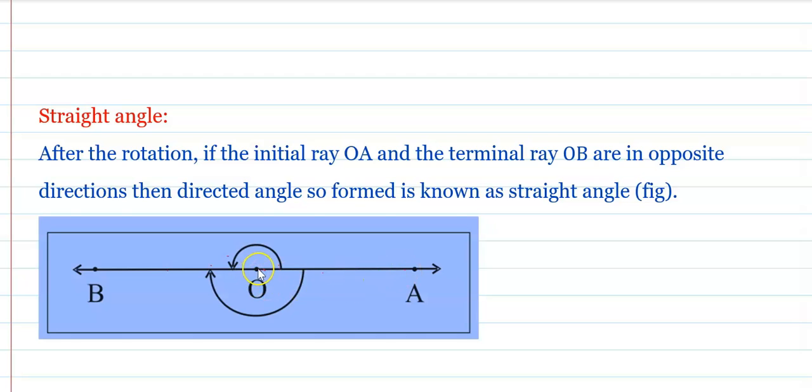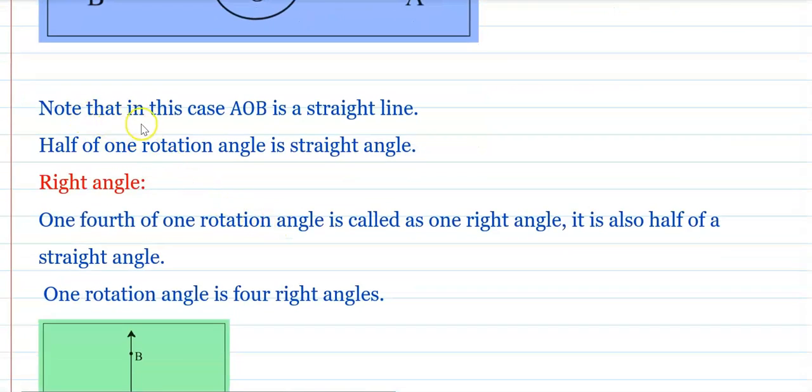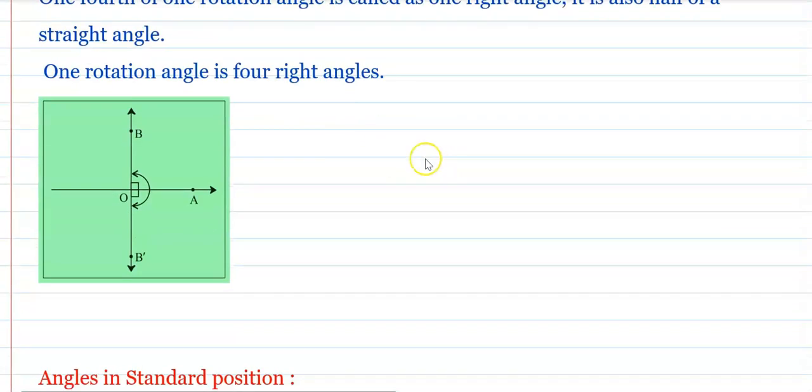Ray OA and ray OB have the same vertex, but they are in opposite direction, and such type of angles are called the straight angle. Next, note that in this case, AOB is a straight line. Half of one rotation angle is a straight angle. If we take half of one rotation, that is called the straight angle.